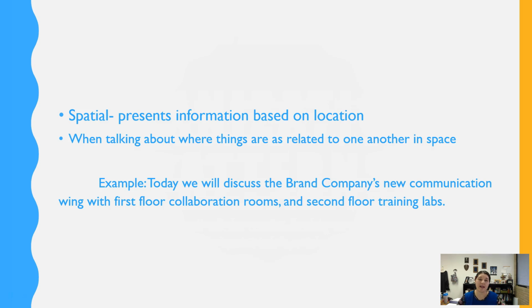So you're organizing it based on space, based on where it actually is. And so that's going to be spatial. My students do not typically use spatial very often, but it is an effective pattern, especially if you're talking about something where you need to know locations.